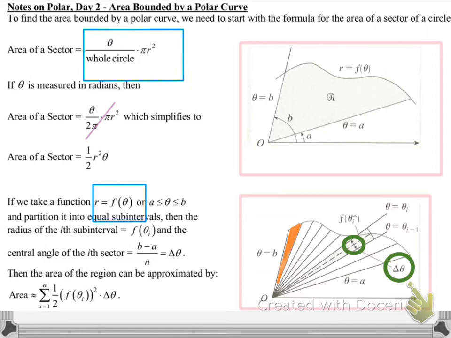Let me see if I can highlight what we're using here, where r is f of theta, and again delta theta is the width of each sector. I am so sorry that was so non sequitur and all over the map.